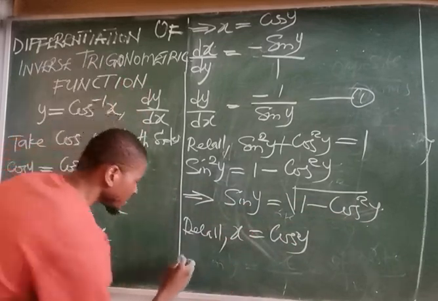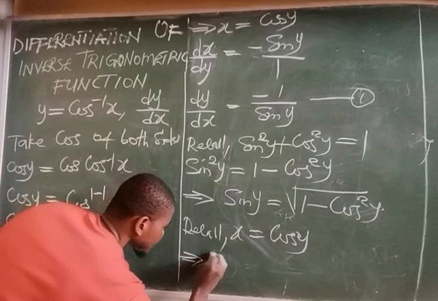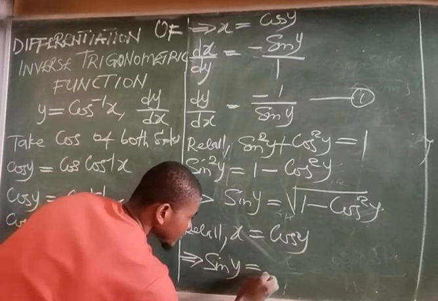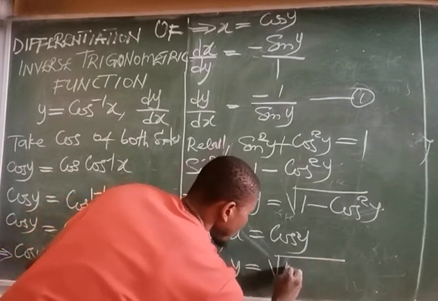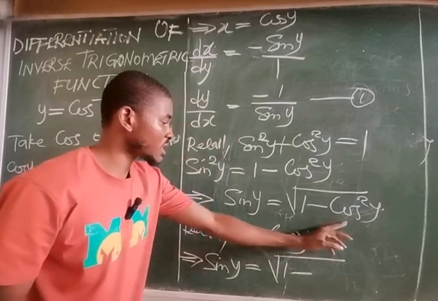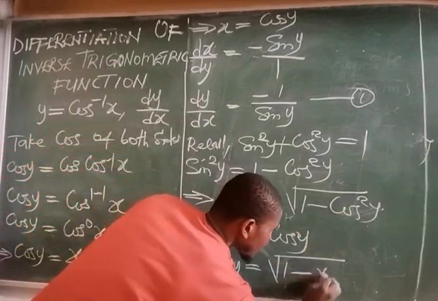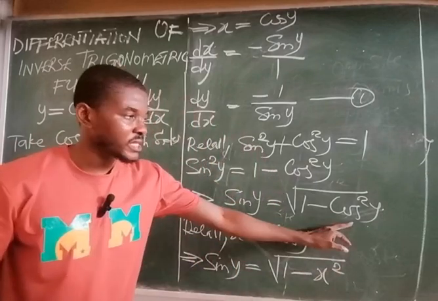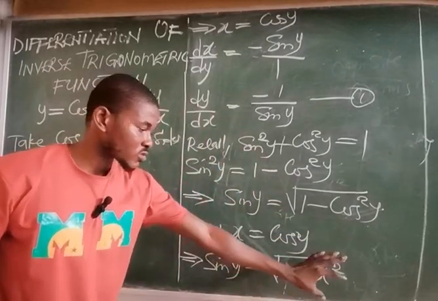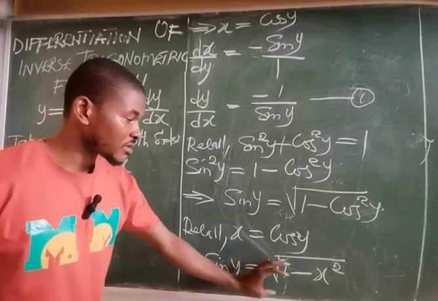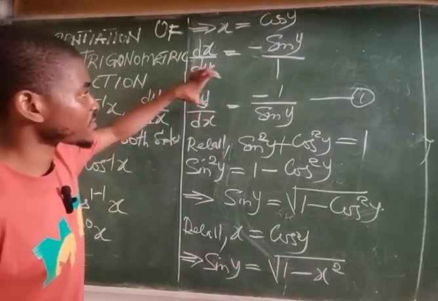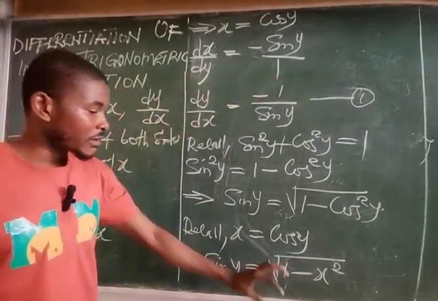If I do that, this simply implies that sine y itself is the square root of 1 minus x all squared, because cos here is squared, so it becomes x squared. So this gives me sine y, which means I can now rewrite my dy dx in terms of x.